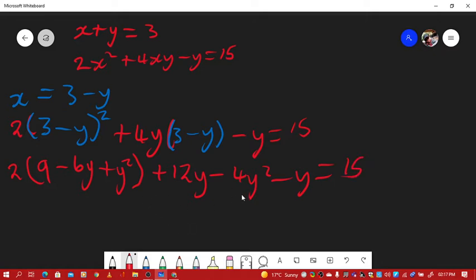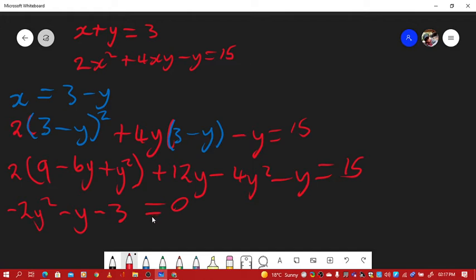Now let us simplify. 2 times y squared is positive 2y squared minus 4, so we have negative 2y squared. Then 2 times minus 6, it's minus 12y. Cancel, so I only have this y variable, minus y. 2 times 9, it's 18, positive 18. 15 comes this side, it becomes minus 15, and then it's minus 3 equals to 0.